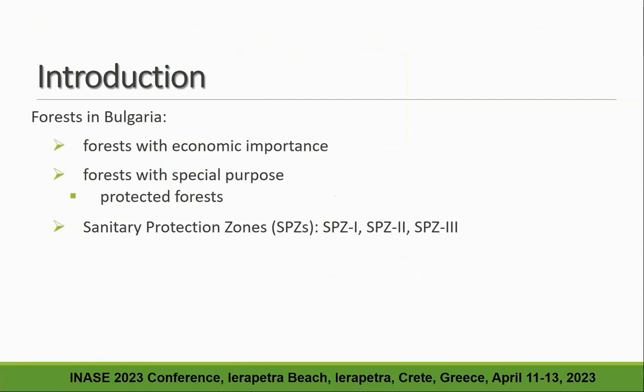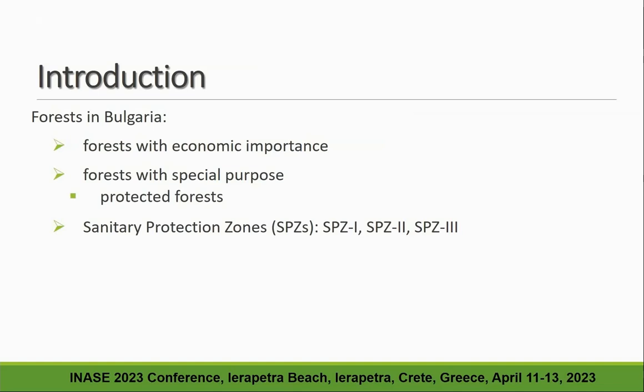In Bulgaria, the forests are divided into two main groups, depending on their purpose. The first group is the forest with economic importance, and the second is forest with special purpose. The protected forests are a subgroup of the forest with special purpose, to which the forest with water protection functions belongs.